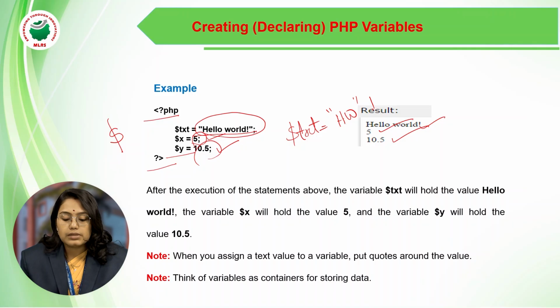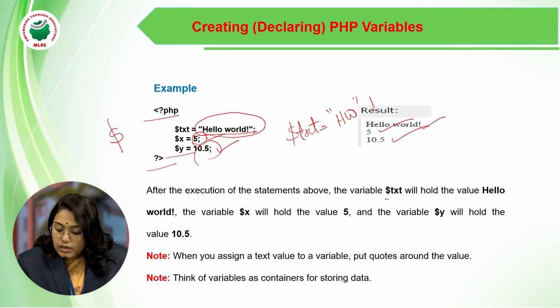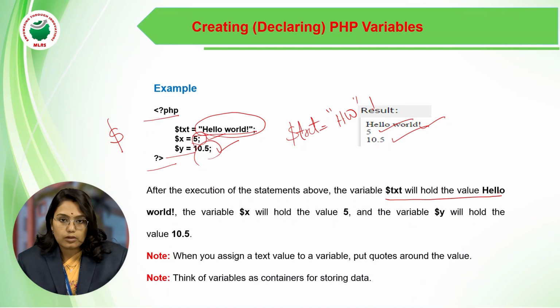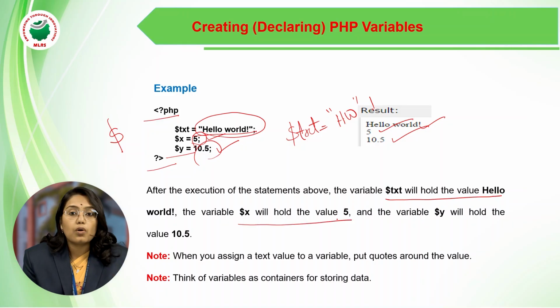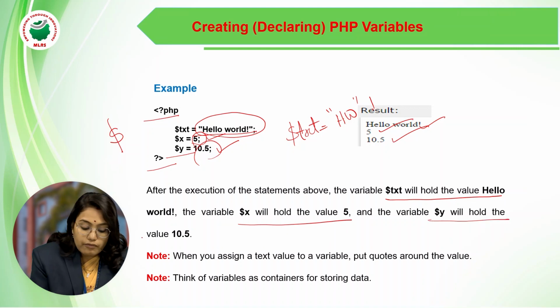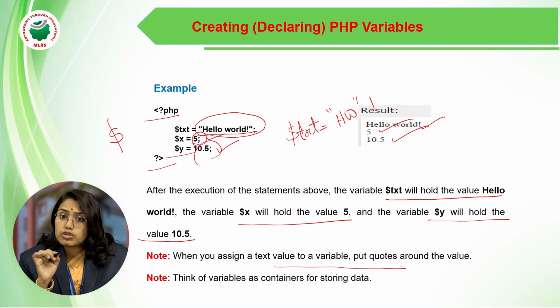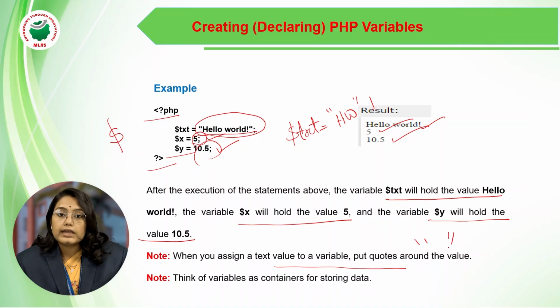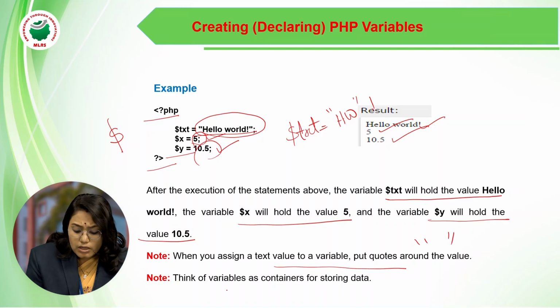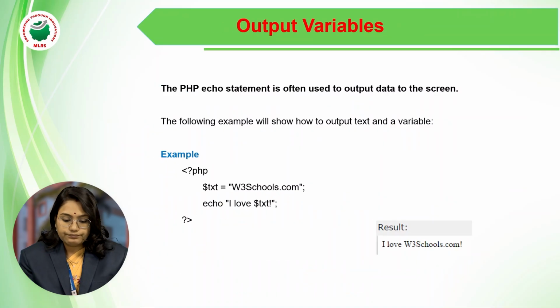After execution of the above statement, dollar text will hold the value hello world, dollar x will hold the value 5, and dollar y will hold the value 10.5. Note, when you assign a text value to a variable, put quotes around the value because it tells that it is a string. Think of variables as containers for storing data.